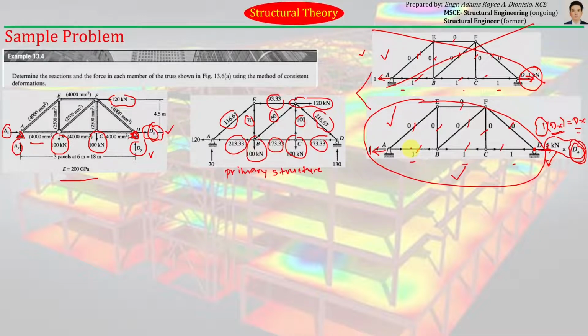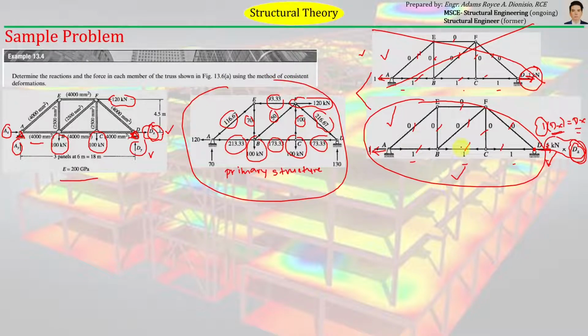So that will greatly reduce the effort in solving problems related to this. You can just draw this and this, and you no longer need to draw this. With that, we greatly minimize the effort that is needed to solve this problem.